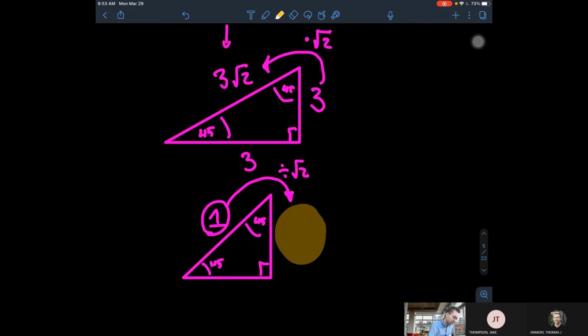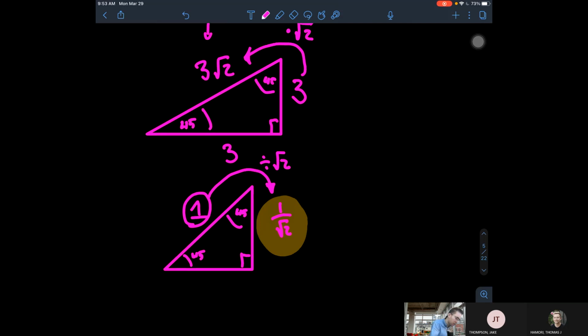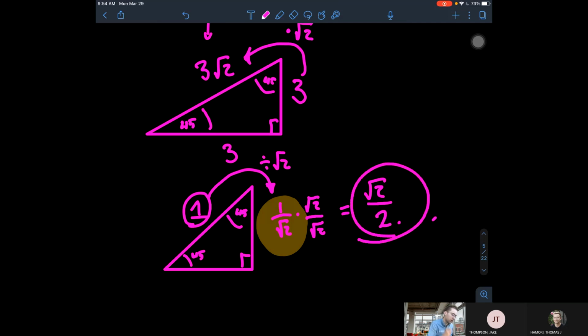Square root of 2 over 2. First, what we want to do is take 1 and divide it by the square root of 2. But you're right, the good thing to do here would be to rationalize this denominator by multiplying by the square root of 2 on top and bottom. The top would become square root of 2, and the bottom would become square root of 2 squared, which is 2. So that's what should go on that side.